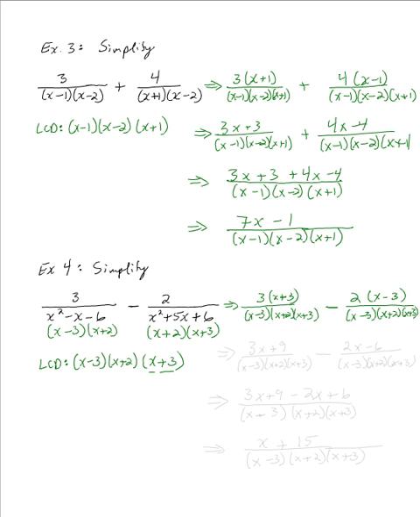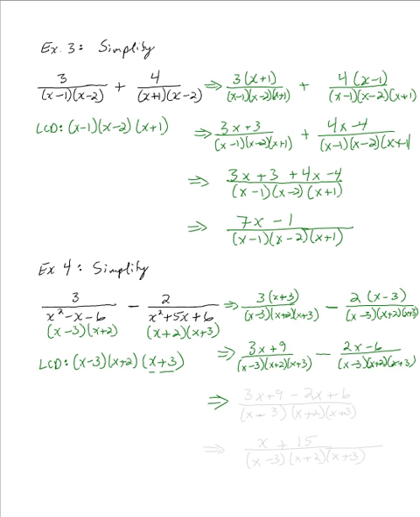Alright, so now I can start to simplify this. I'd have 3x plus 9 over the denominator minus 2x minus 6 over the denominator. Alright, now we're subtracting.